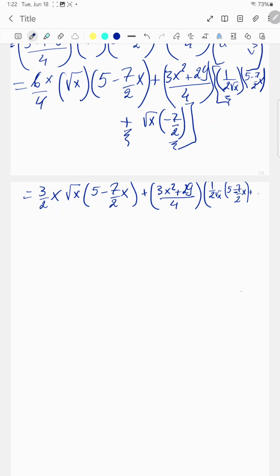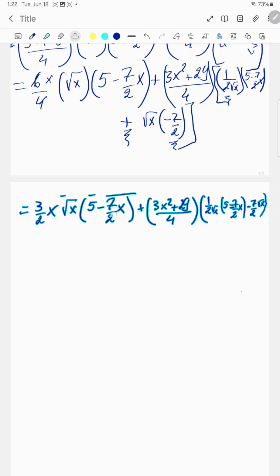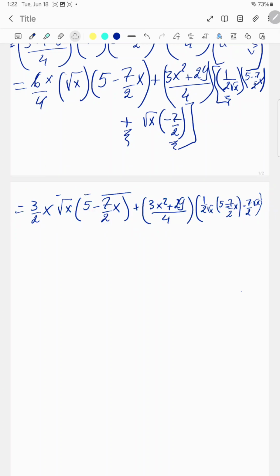Plus the square root of x times minus 7 over 2, plus times minus is minus actually. Minus 7 over 2 square root of x. And that's the final answer. Let's bring it a little bit down so you can see it better. And this came from those two above.